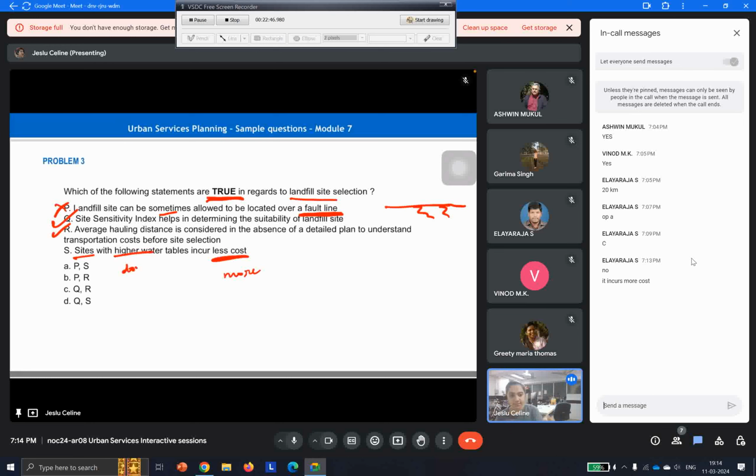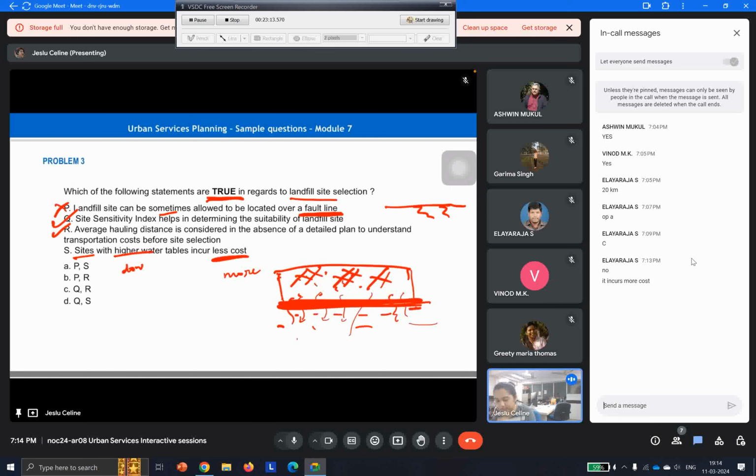Now why is this happening? We have discussed before that if you have a site with a higher water table, which means the water level is much closer to the land. So if this is a sanitary landfill and we have waste deposited in this region, and the water table is very close to this region, the leachate will easily seep into the groundwater table and contaminate the water.